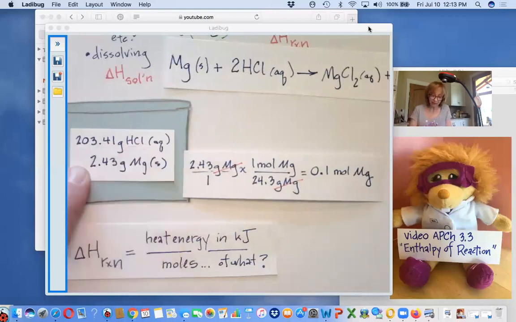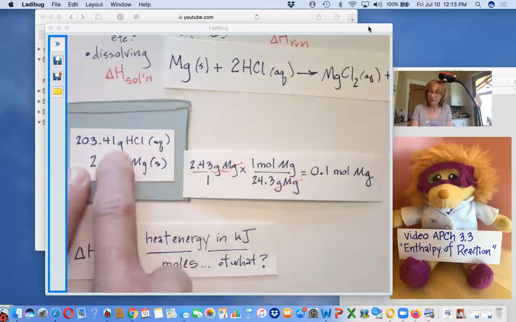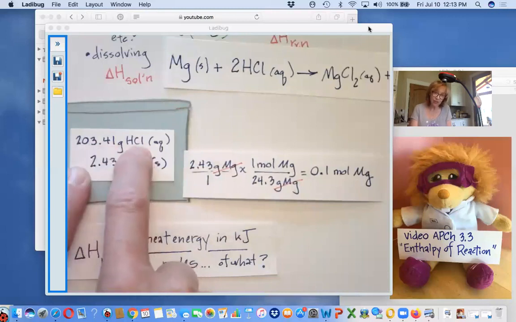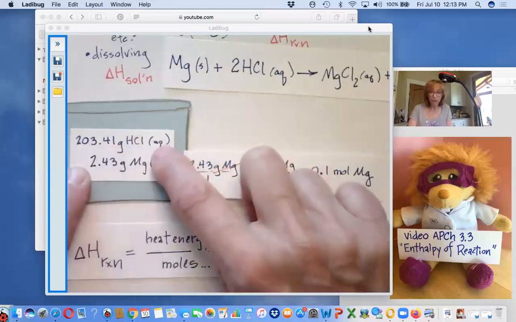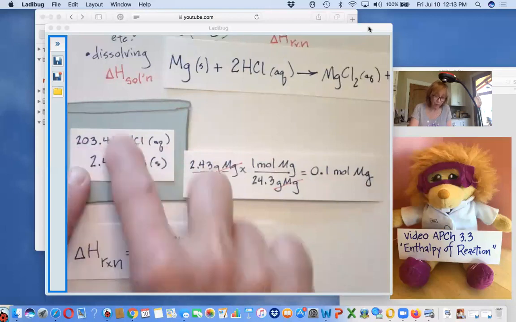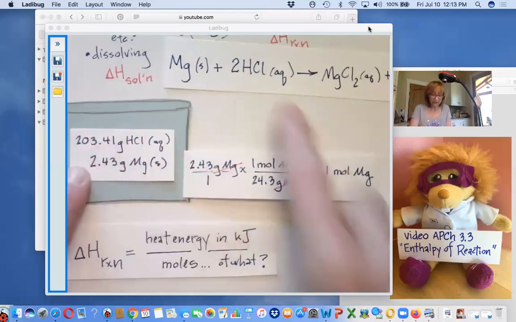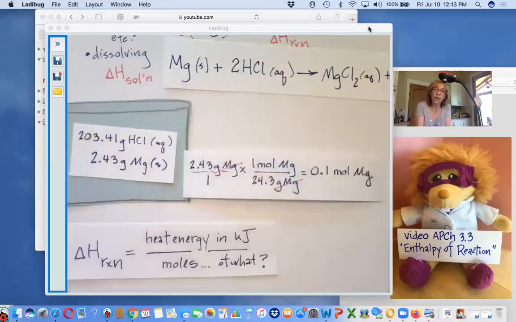The reason is this mass is not exclusively HCl. Some of this mass is HCl molecules, but it's all dissolved in water, so a good portion of this mass is water, which isn't a reactant. It's just the vehicle, the medium that holds everything together.